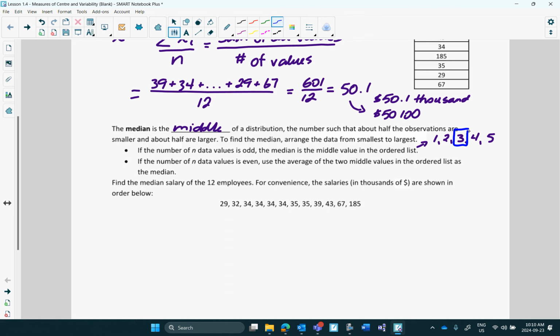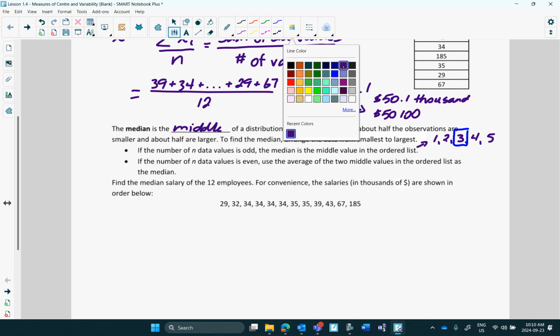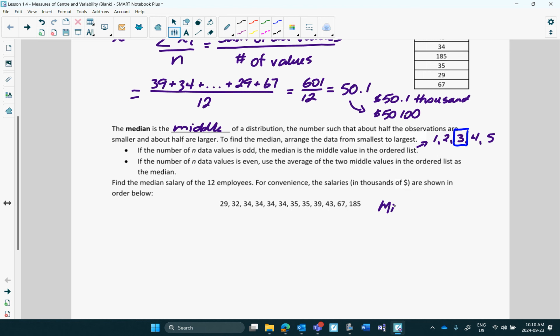When we do an even set of data, though, there are going to be two numbers in the middle. To find the middle numbers, take how many numbers are in the data set and divide by 2.